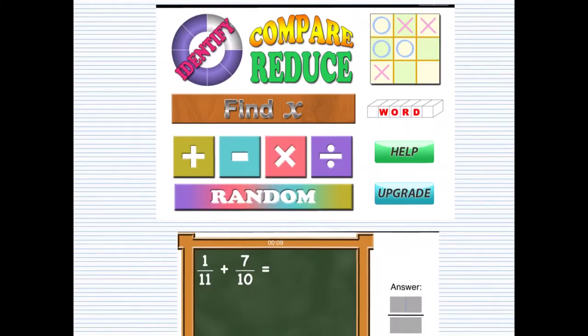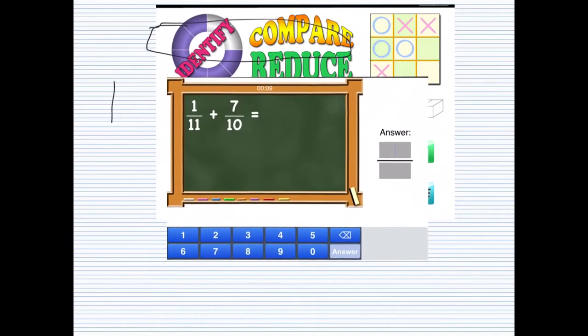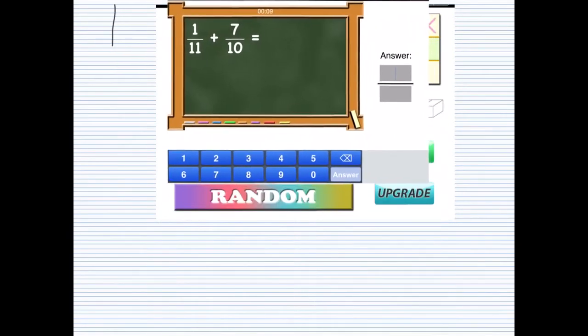The next category I will talk about, and it's also the last category, is the random button down at the bottom. With the random button, it looks almost like adding, which I talked about in the category before. On the random button, the students will click the random button, and the equation, as you can tell on this one, is adding.